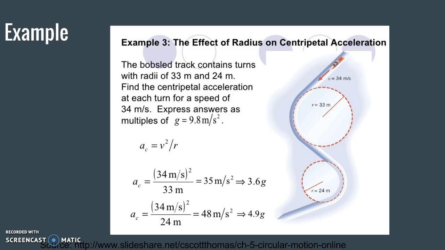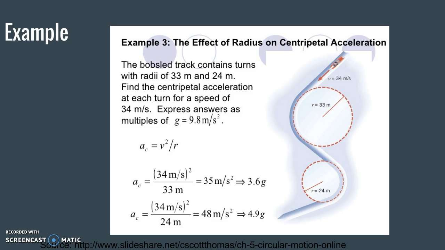When it comes to the second turn, we do the same math, except this time we deal with our smaller radius. So we have 34 meters per second, squared, divided by our 24 meters, which gives us 48 meters per second squared. This is a larger acceleration of 4.9 g.